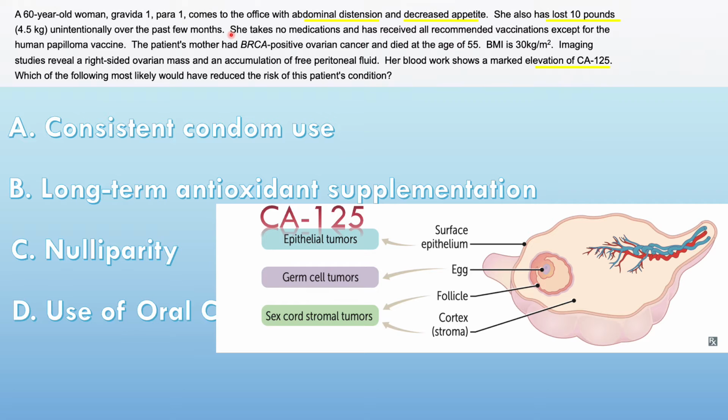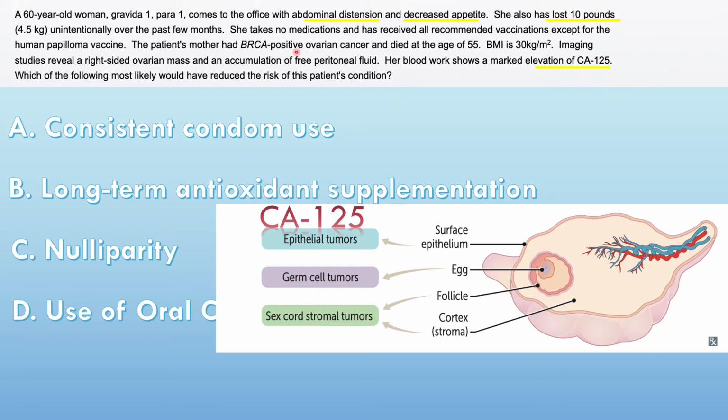She also has lost 10 pounds unintentionally over the past few months. Right away, whenever I see unintentional rapid weight loss over only a few months, especially in an elderly woman, I should be suspicious. She takes no medications and has received all recommended vaccinations except for the HPV.